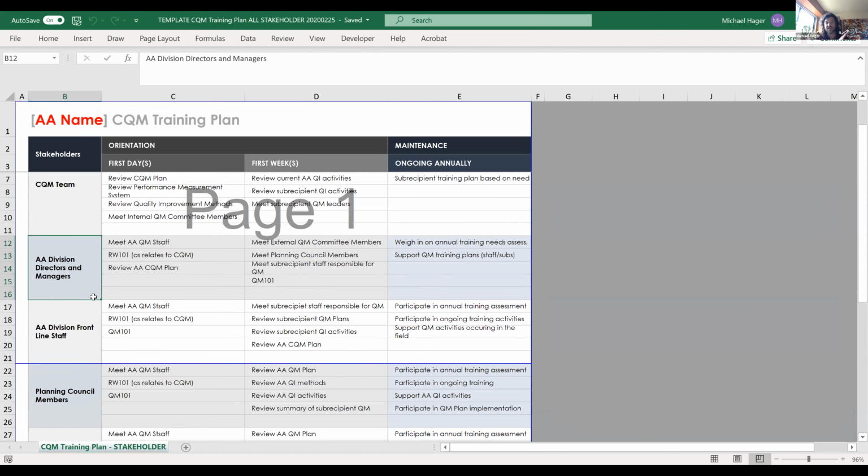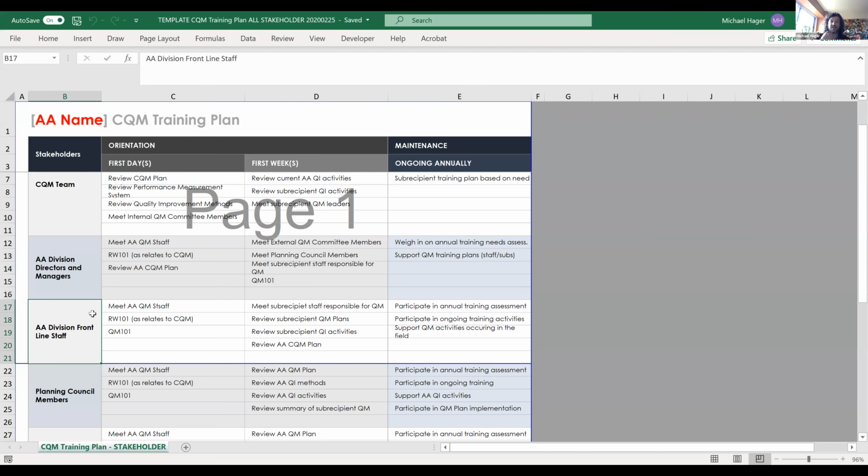They're the ones really helping to drive programming, support, and process. Then we have the frontline staff, who are likely the folks managing contracts. And again, I understand the 7 AAs are very different, so you may not have all of these buckets, and that's okay.